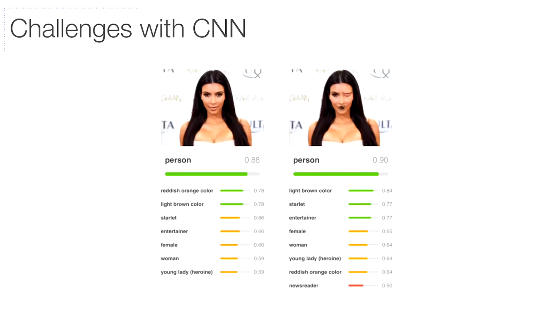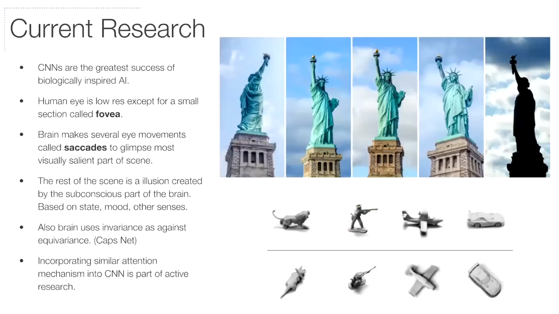This is one of the challenges with convolutional neural networks. This equivariance versus invariance is being worked on in a separate neural network called capsule networks, CapsNet, by Geoffrey Hinton. That actually cares about invariance as well. It cares about localization. The current research, typically CapsNet, addresses this, invariance versus equivariance.